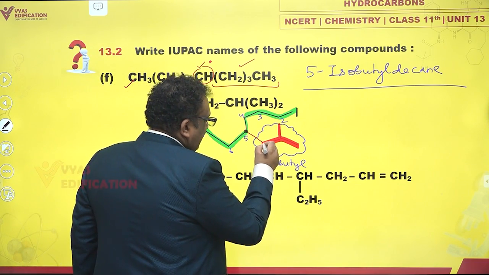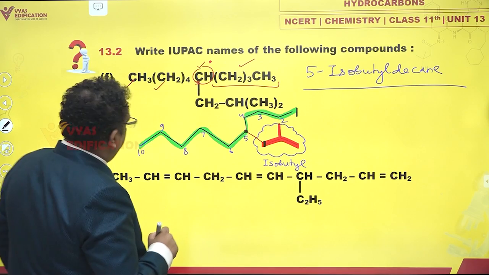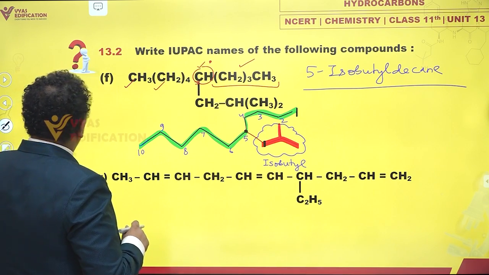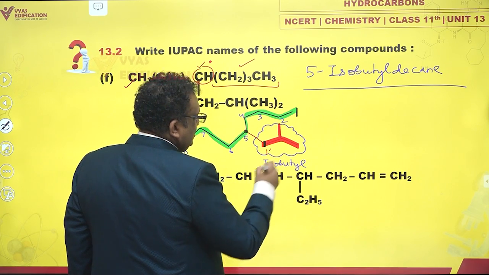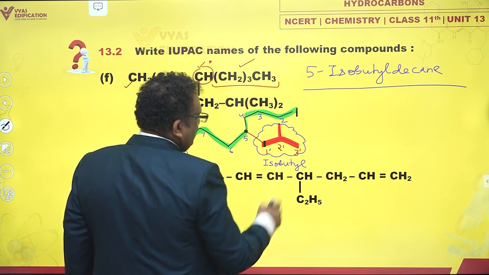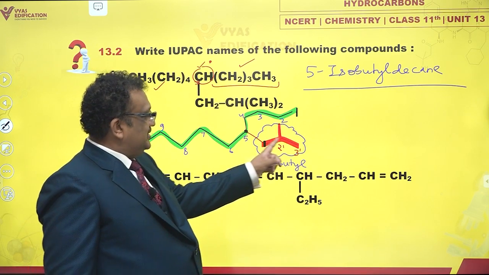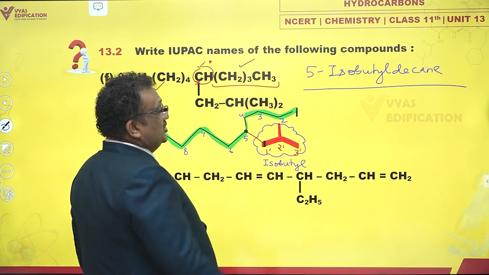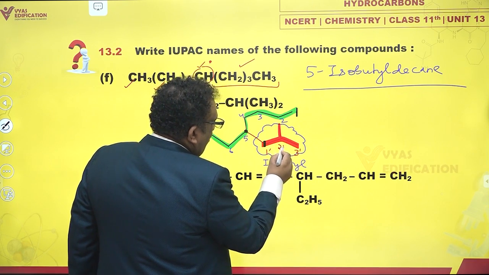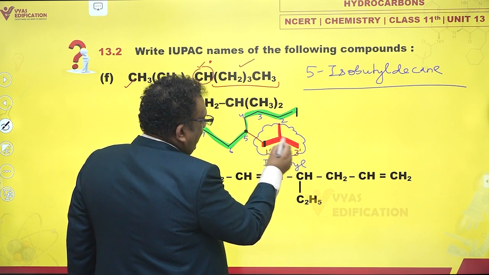Now, this atom which is attached to the main chain, we will say this is 1 dash, 2 dash, 3 dash. That means this side chain will be named as propyl. So instead of isobutyl, I can call it 2-methyl propyl.